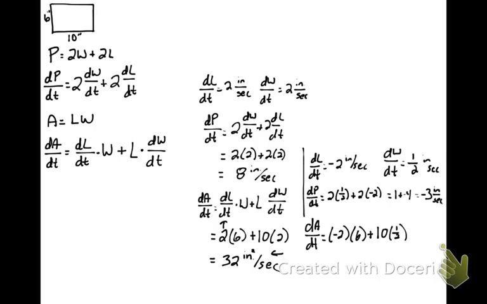So this is negative 12 plus 5, or negative 7 square inches per second. This would be an example of related rates. And we'll just continue to do more examples in other parts.